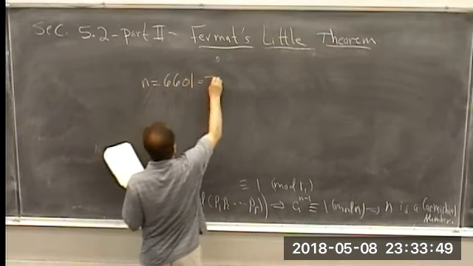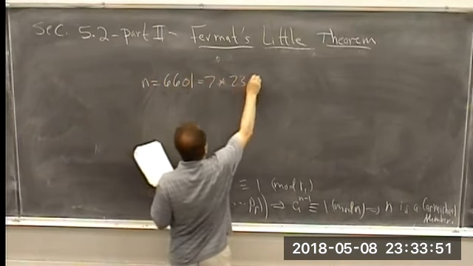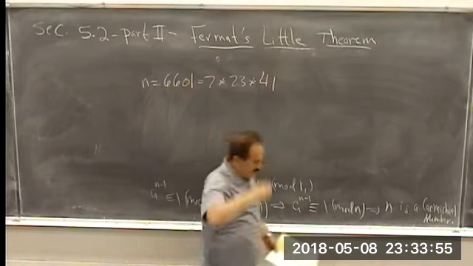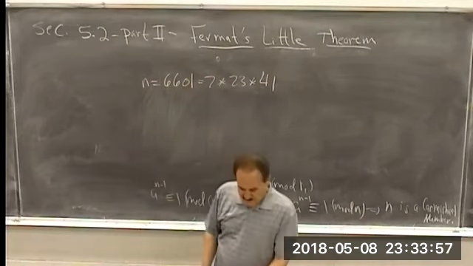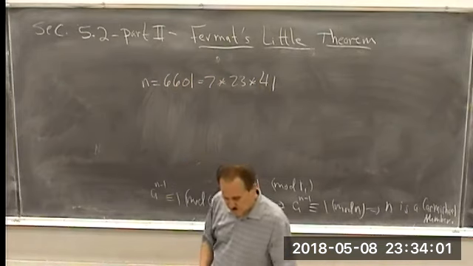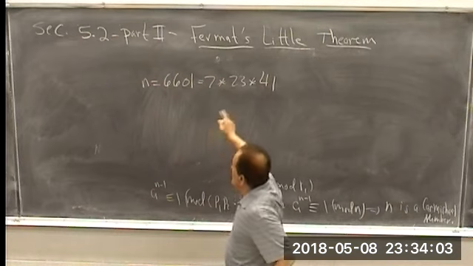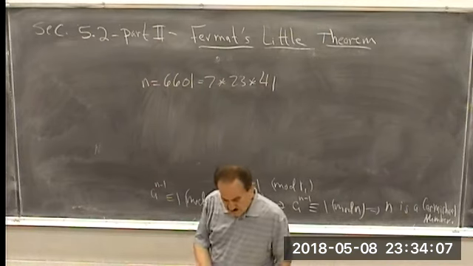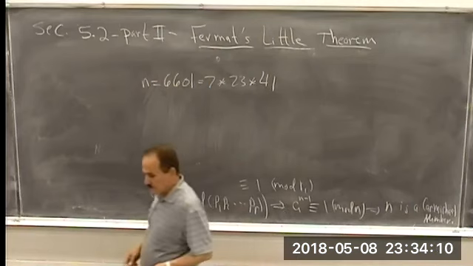So this is 7 times 23 times 41. You can check that each prime minus 1 divides N minus 1. Okay? And that will be it. All right? We'll stop right here.